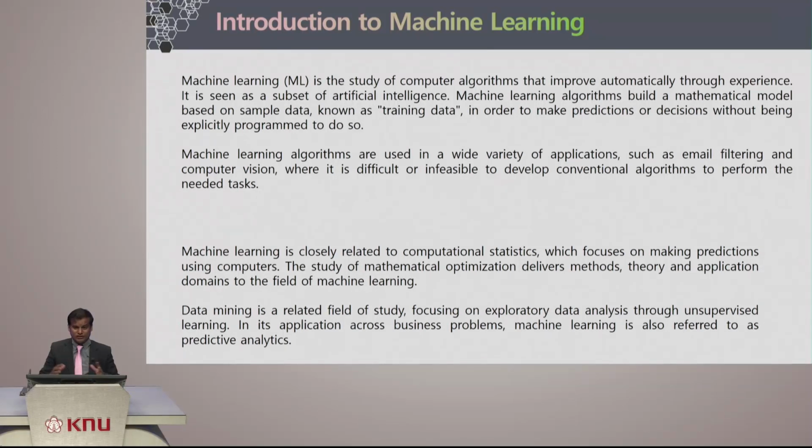Basically, machine learning is mostly used for predictions, making decisions, and classifications, and it has been used in many fields. Many applications of machine learning can be found in, say, computer vision, for example. Basic machine learning methods can also be found in something as simple as email filtering, like spam and non-spam.